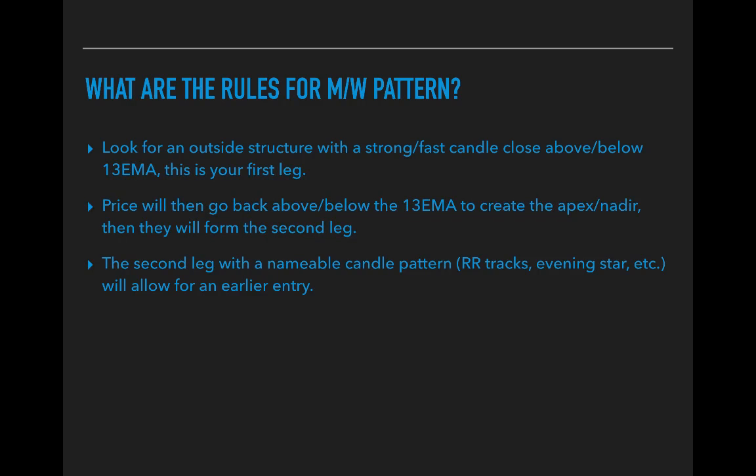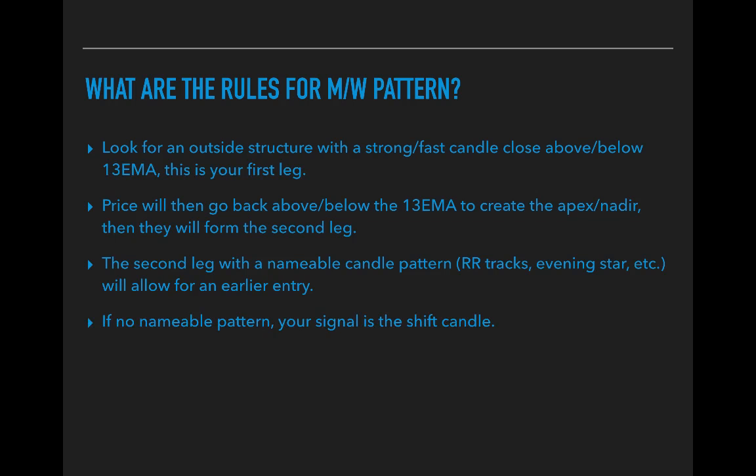The second leg, with a nameable candle pattern, something like railroad tracks or an evening star, is possibly going to allow you to get an earlier entry. But if you don't have a nameable pattern for your second leg, the signal is going to be the shift candle.